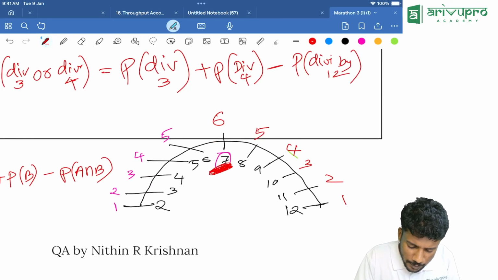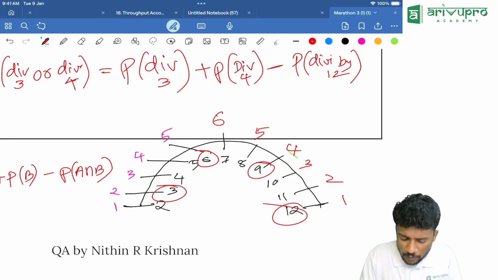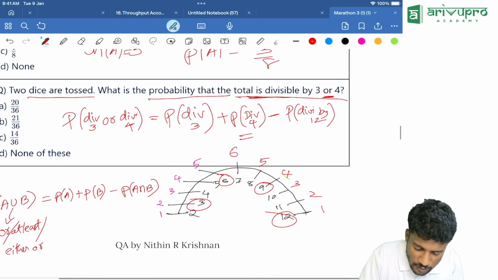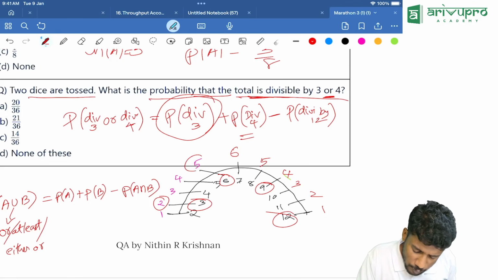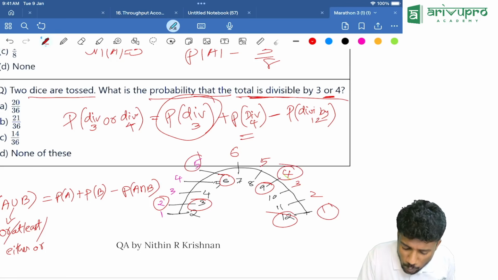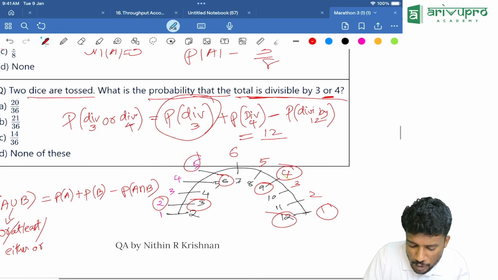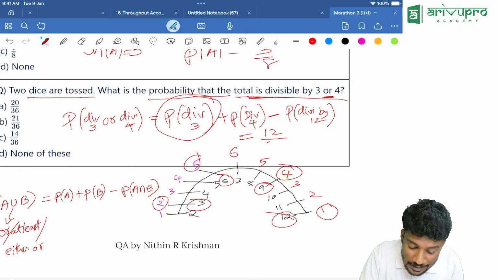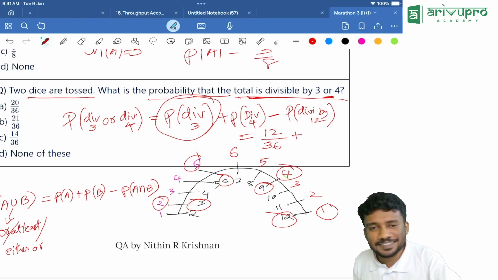You should tell me, people. 3 is there, then 6, then 9, then 12. The first one will be 2 plus 5 plus 4 plus 1, that is 12. 12 by 36, because the total sample space is 36.